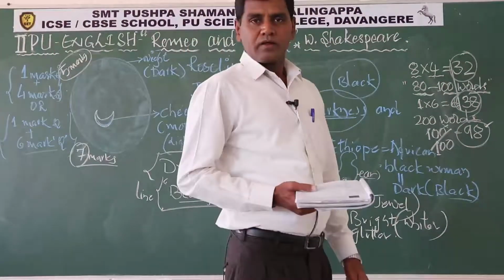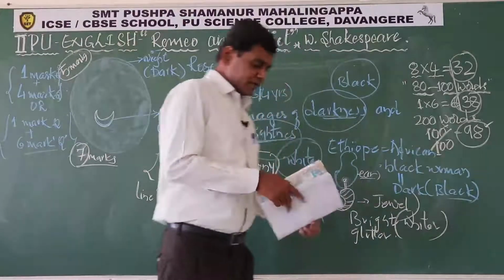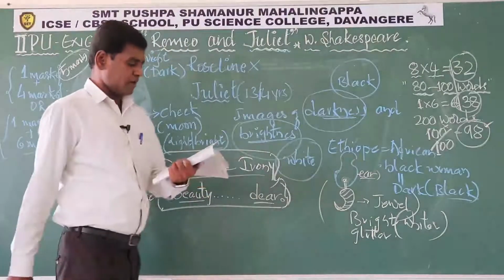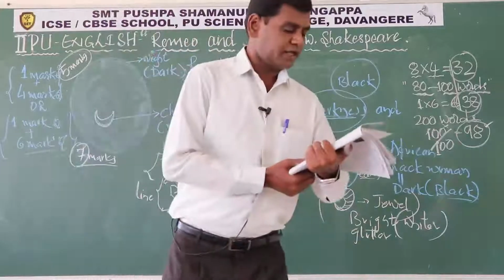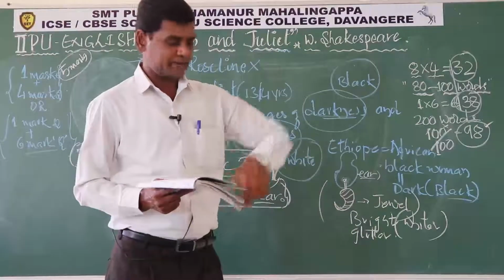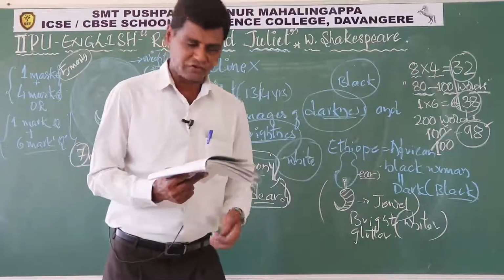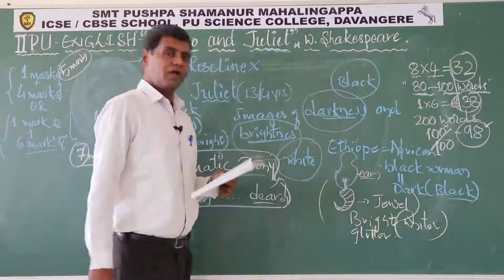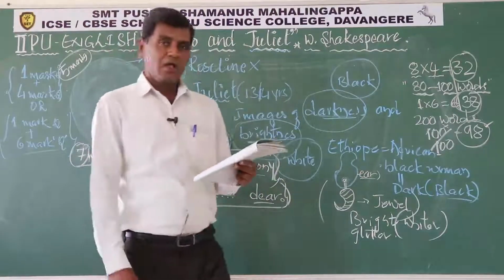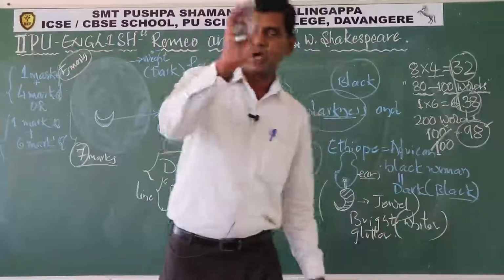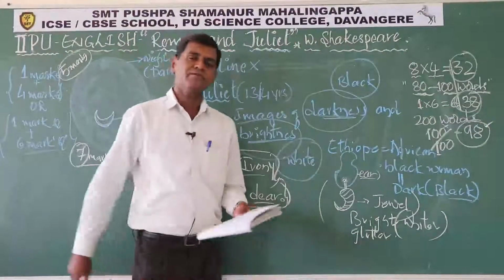Okay. So now once again, I'll just read these 4 lines here. I will stop with these 4 lines today, and we will continue in the next class. Oh, she doth teach the torches to burn bright.